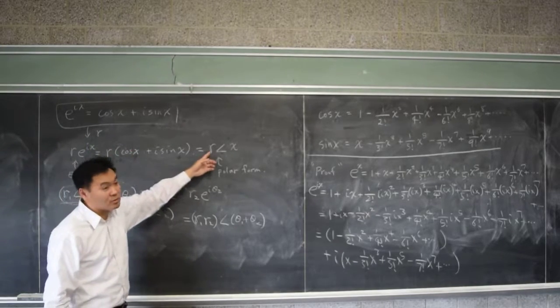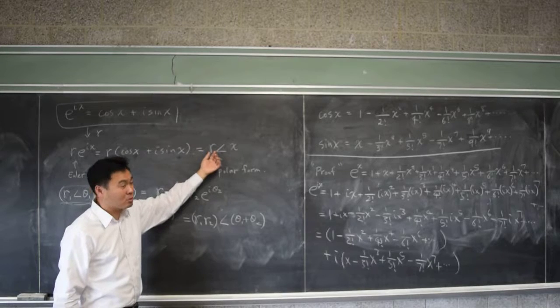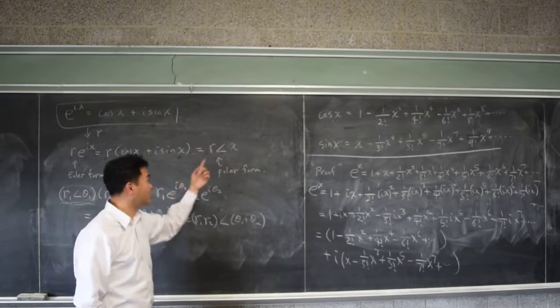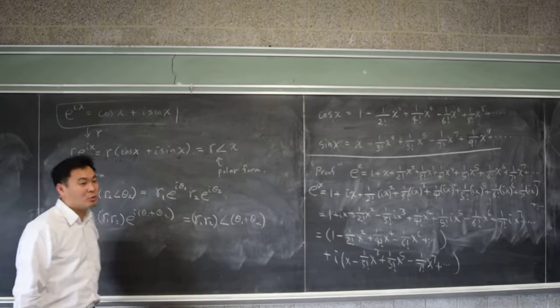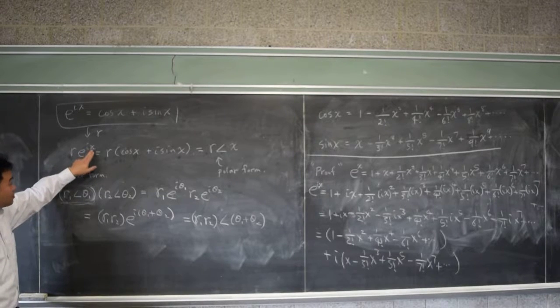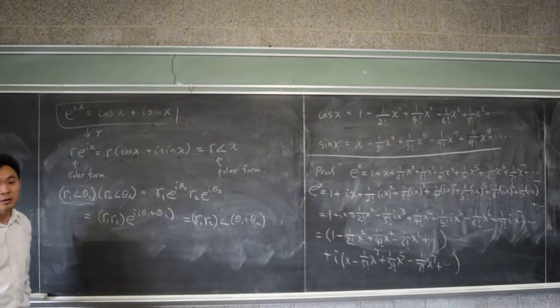So if r is negative, then you may have to change the angle by 180 degrees so it points to the opposite and make this positive. But if r is positive, then r means magnitude, and this is the angle. Any other questions?